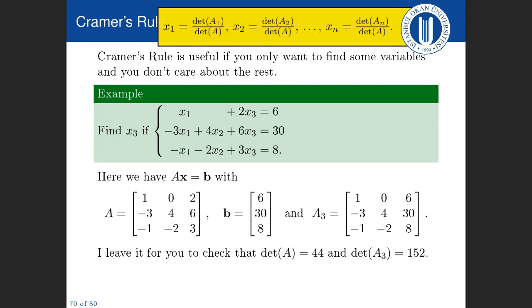So here we have the matrix A is 1, 0, 2, minus 3, 4, 6, minus 1, minus 2, 3. B is the vector 6, 30, 8. And if we take A and replace the third column by B, we get A3 is 1, 0, 6, minus 3, 4, 30, minus 1, minus 2, 8.